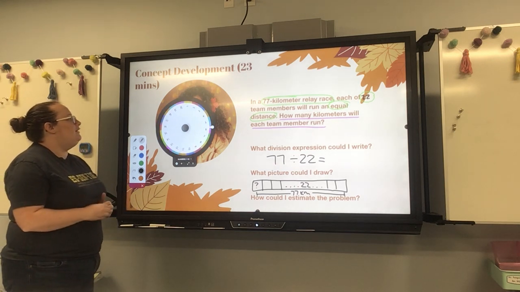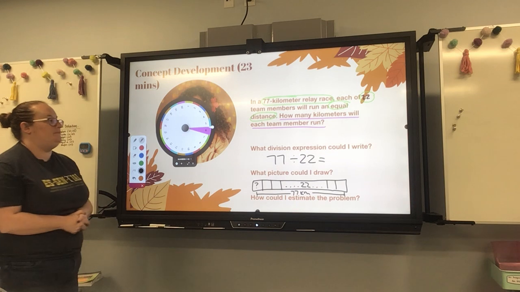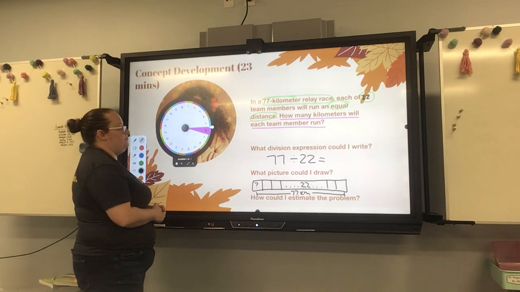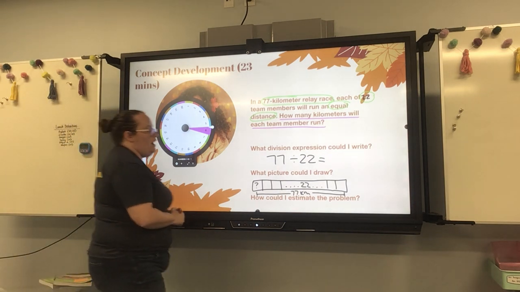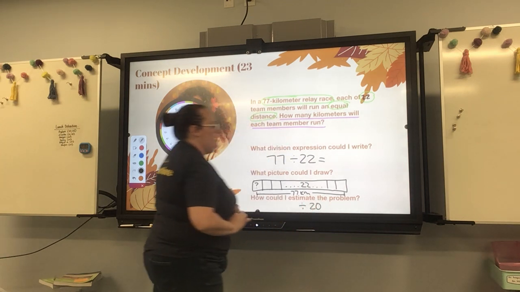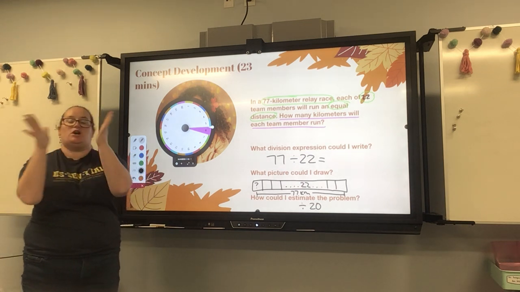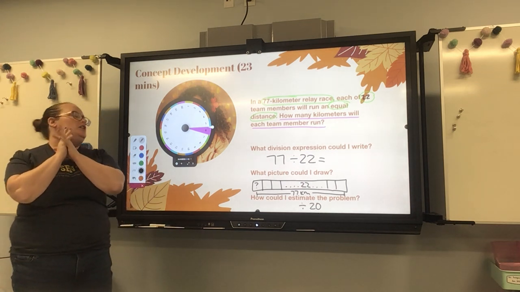How could I estimate the problem? I would round the 22 to 20. So I round my divisor to 20.